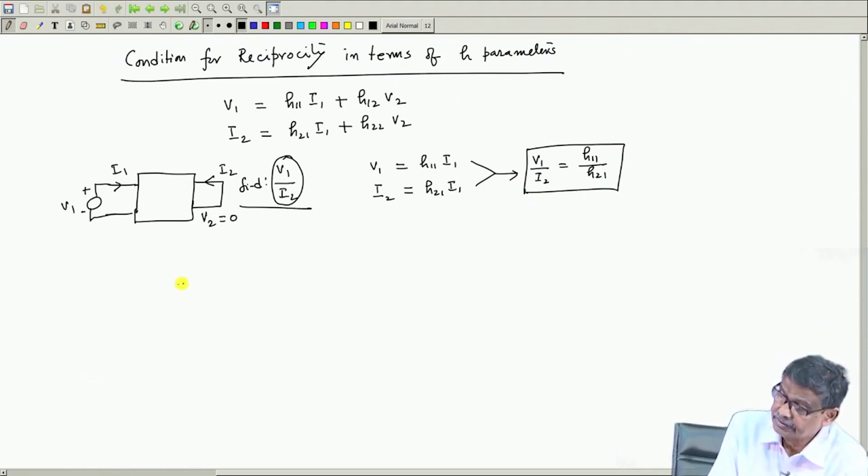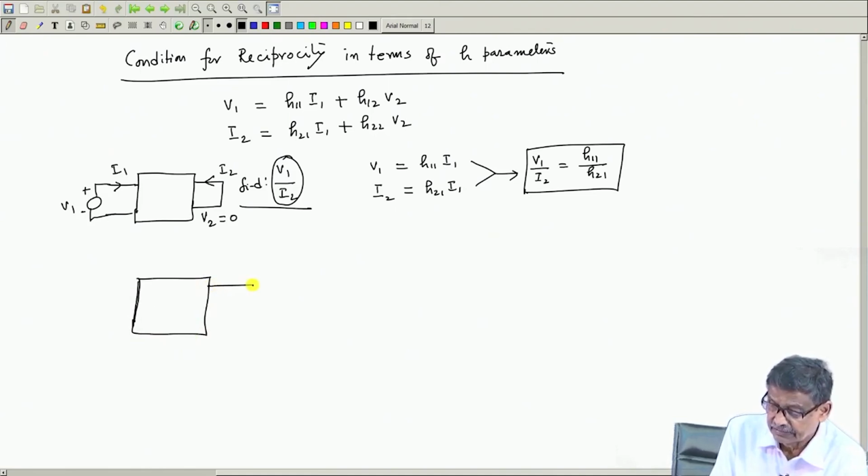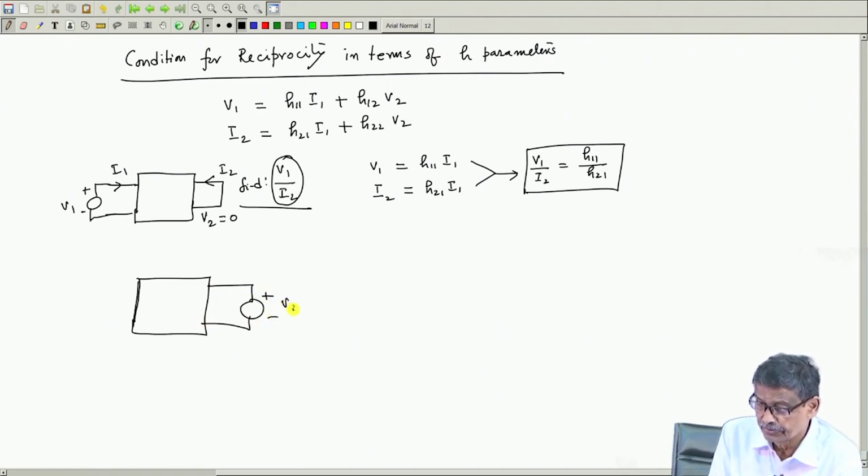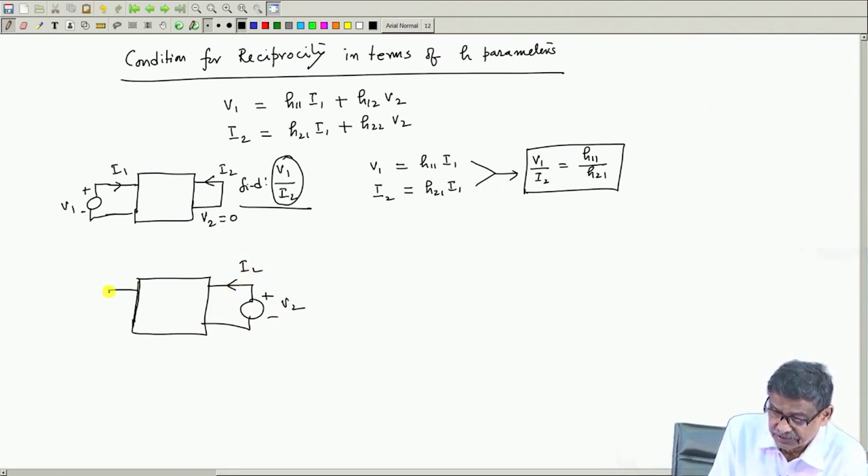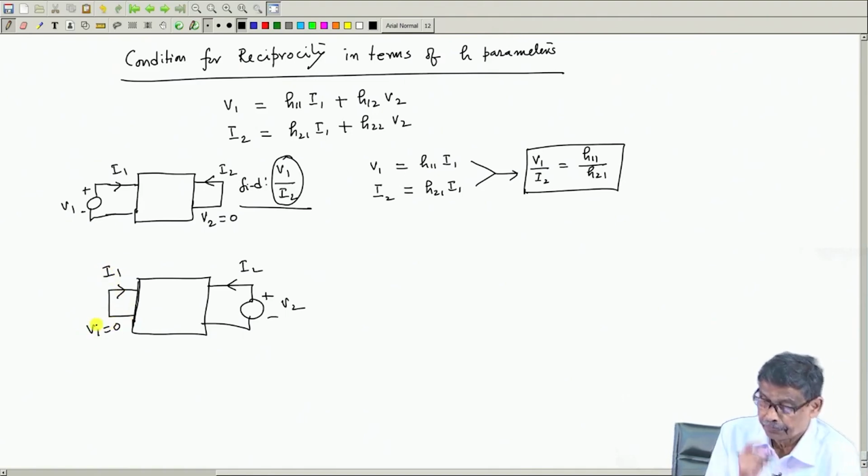In the second case, you have to excite this side with a voltage source, you excite V 2, this current is I 2, and the other side you keep shorted. So, I 1 is there, but V 1 equal to 0.